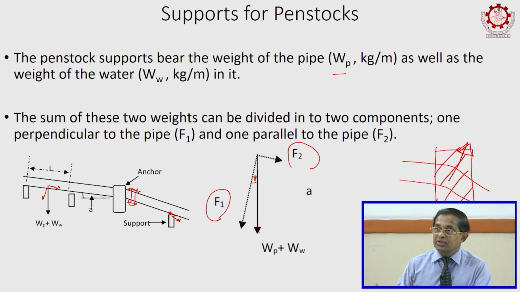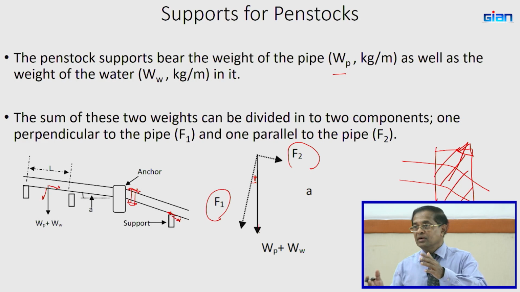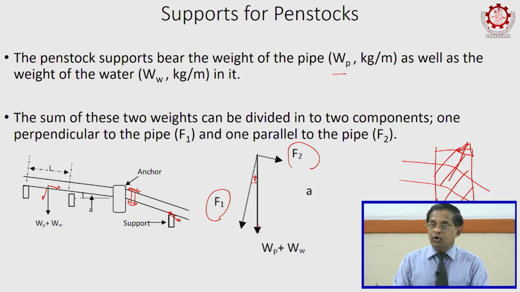Therefore, your support should be able to withstand that force, otherwise the support will fail, and then it can be inclined or whatever. You have to calculate the frictional force that is possible on the support, and accordingly design the support.